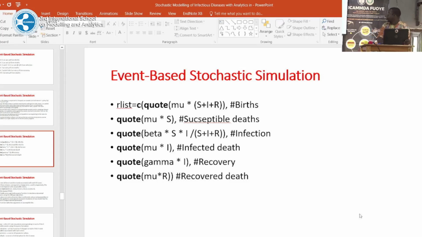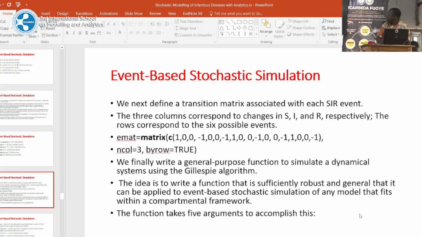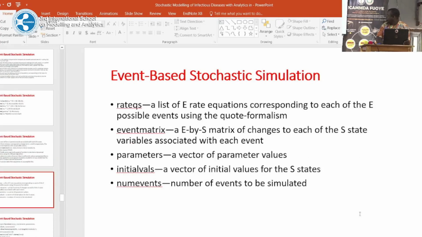So we are going to run the event-based stochastic simulation for the SIR model, giving about 6 events, which involves the event matrix, the EMAT, and then we have the various arguments in the function.